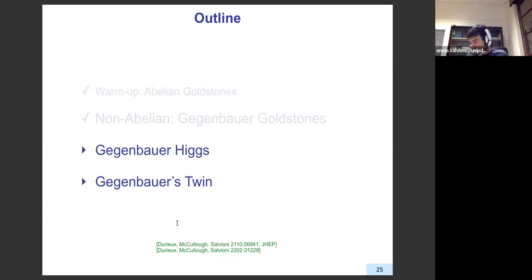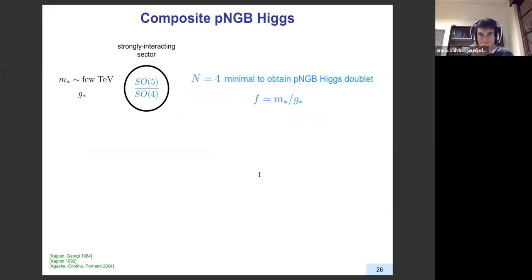Okay, so now Gegenbauer Higgs, and here I have just one slide of introduction to the framework, which most of you absolutely don't need. But the idea is composite Higgs models with partial compositeness. That's what I have in mind as a framework.